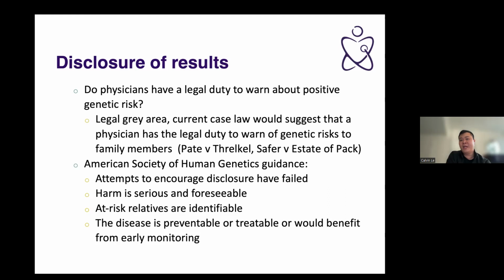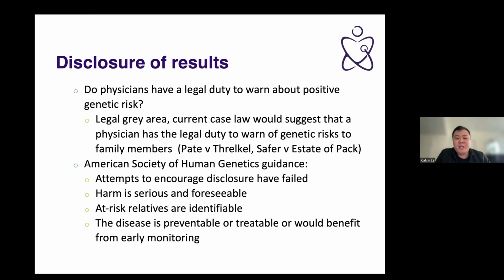Physicians need to make a reasonable effort to warn family members. The crux was the argument that genetic information is not necessarily personal data only, not patient data only, but actually familial data that's inherited. So there's a duty for physicians to make a reasonable effort to warn family members.